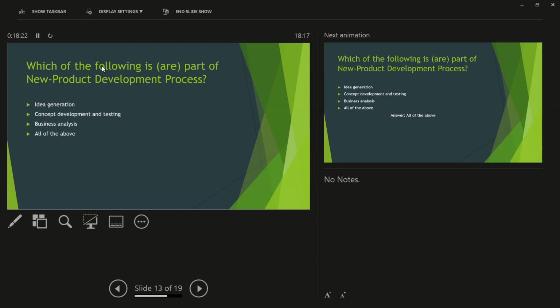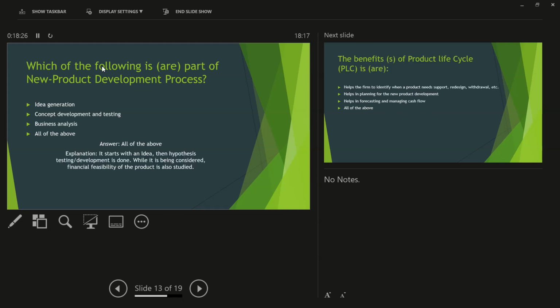Okay, so yes, that is quite right. So it starts with an idea, then hypothesis testing or development is done. And with basic development, we would like to also consider the costs or the sale perspective of the product. So yes, all of the above.